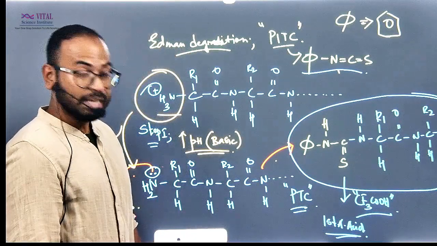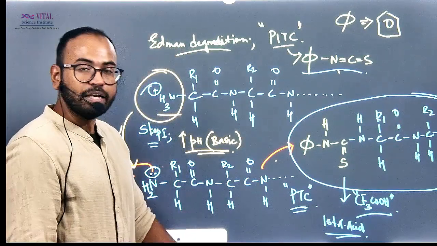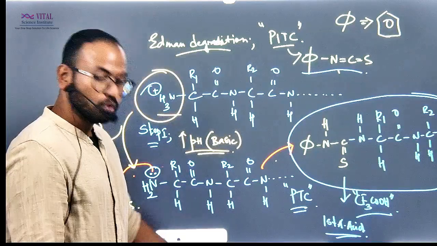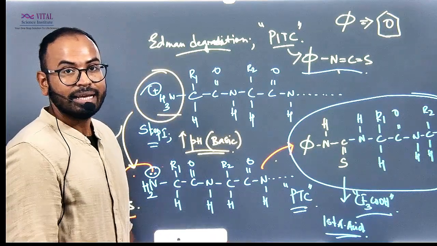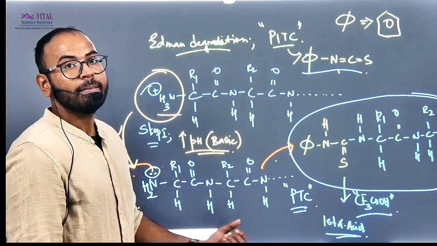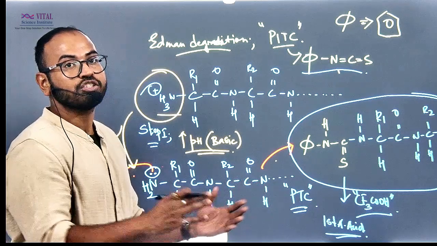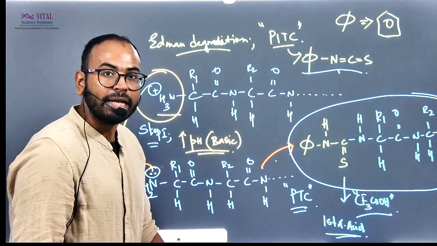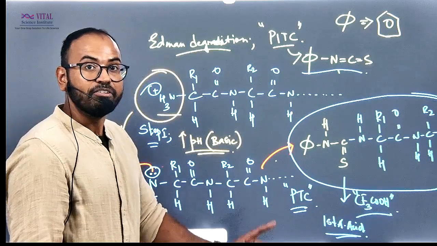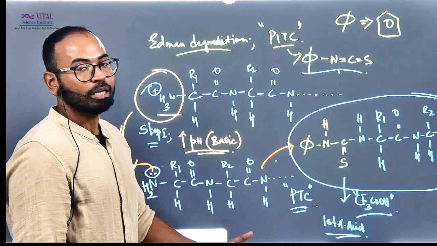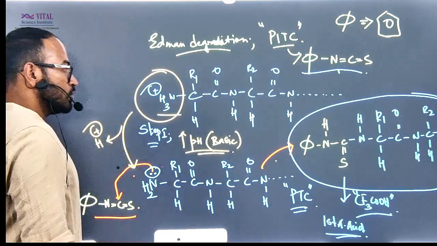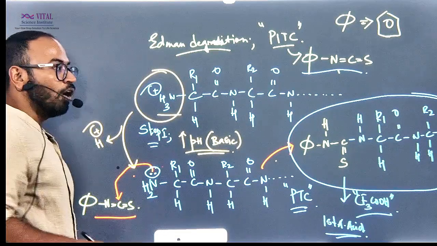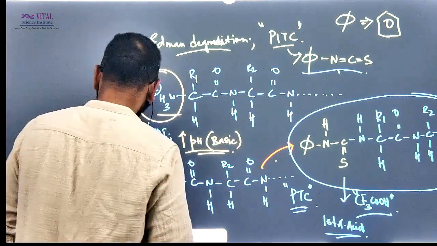The purpose of it is to again reduce the pH so that our amino terminal amino acid can easily be removed from the rest of the polypeptide chain. So this is the overall mechanism of Edman degradation.